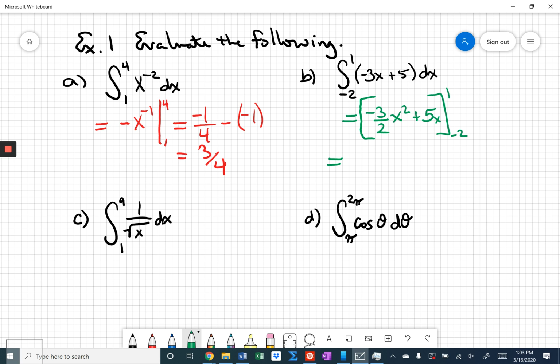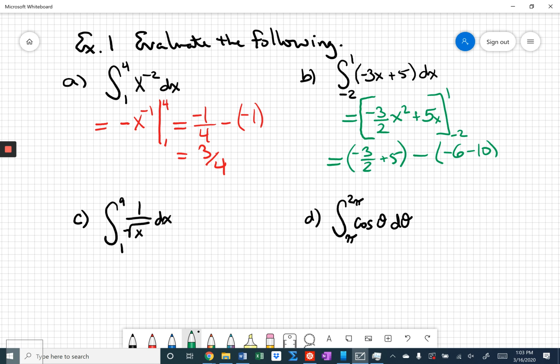If I plug in 1, 1 squared is 1, so I get negative 3 halves plus 5, minus, and if I plug in negative 2, I'm going to do some of this mentally here. Negative 2 squared is 4, and 2 goes into 4 twice, so this becomes negative 6. Plug negative 2 into the other term, we get negative 10.